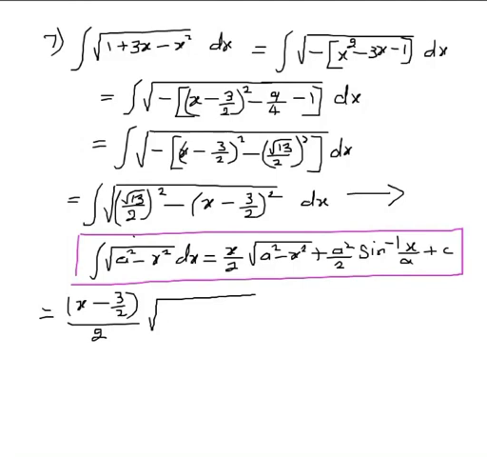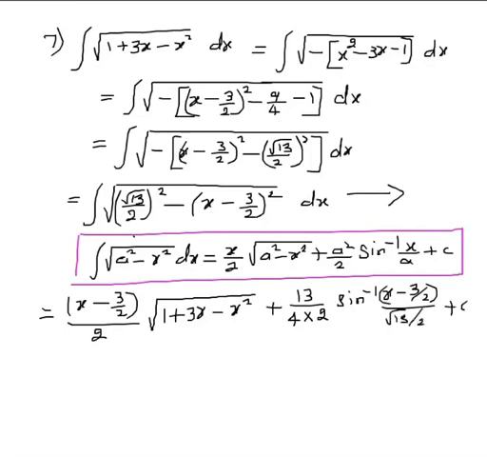If I open the brackets, I'll get the expression which is given in the question, plus a square, which is 13 by 4, by 2 is also there, sine inverse of x, which is x minus 3 by 2, divided by a, which is root 13 divided by 2, and plus c.